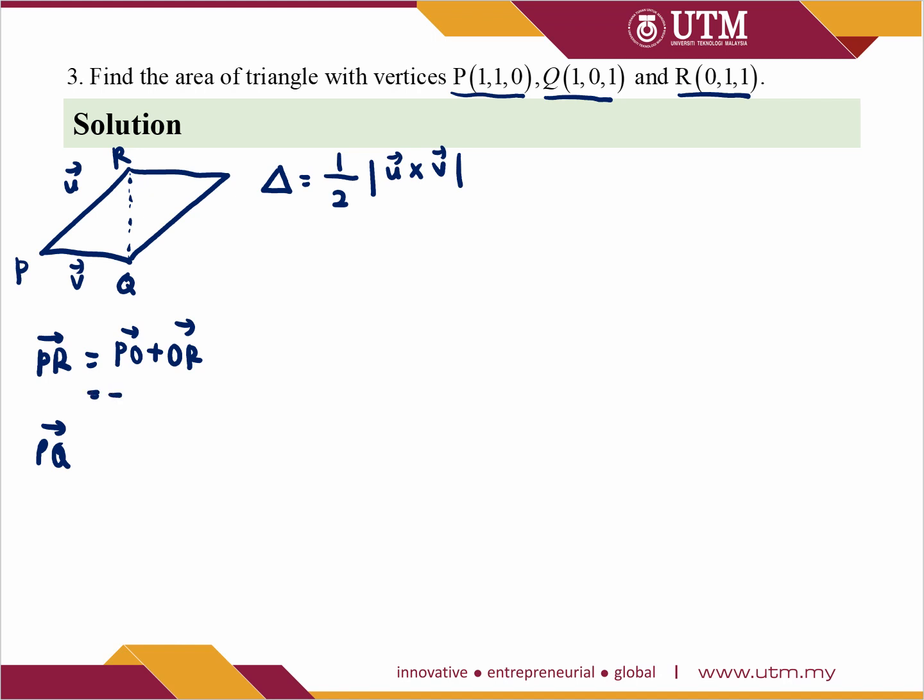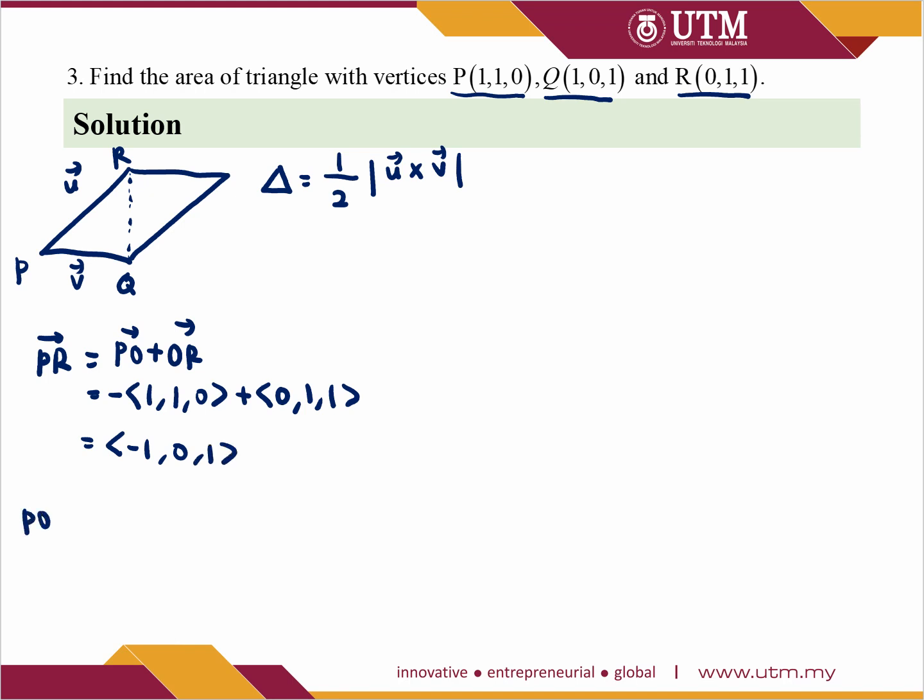So negative of OP is given as 1, 1, 0, plus OR, which is 0, 1, 1. Now we can obtain this. Negative 1 plus 0 is negative 1. Negative 1 plus 1 is 0. Negative 0 plus 1 is 1.